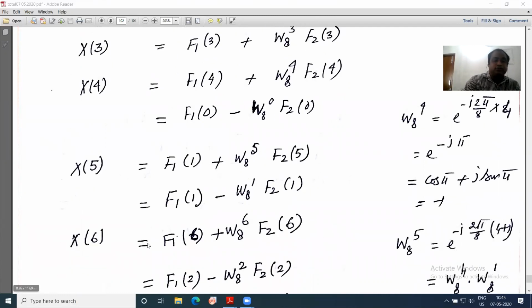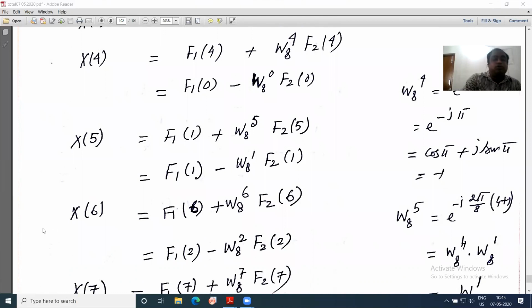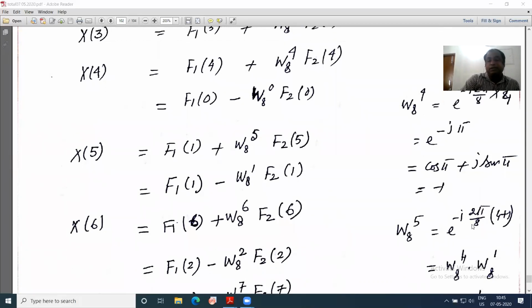Now if I write X of 6, that will be F1 of 6, W8 to the power 6, F2 of 6. 6 means again 2 plus 4, and since this is periodic with period 4, this will be equal to F1 of 2, F2 of 2. Now if I calculate W8 to the power 5, that means e to the power minus j 2 pi by 8 into 4 plus 1.